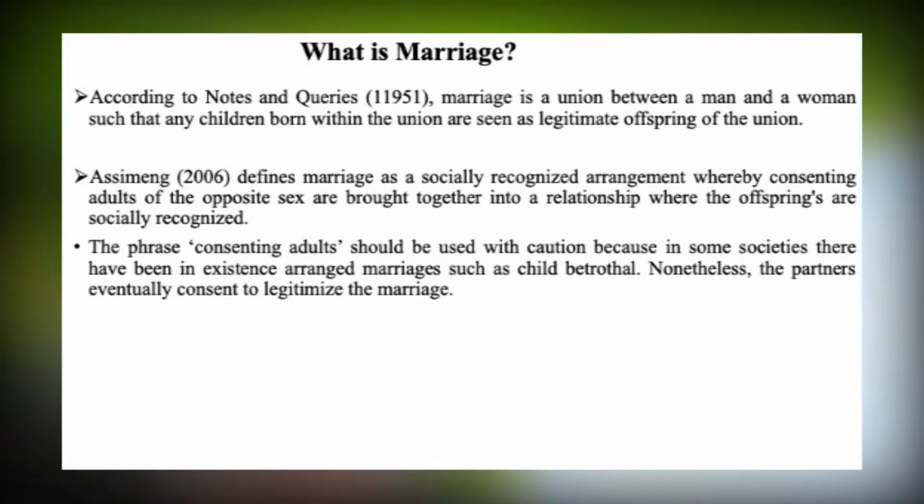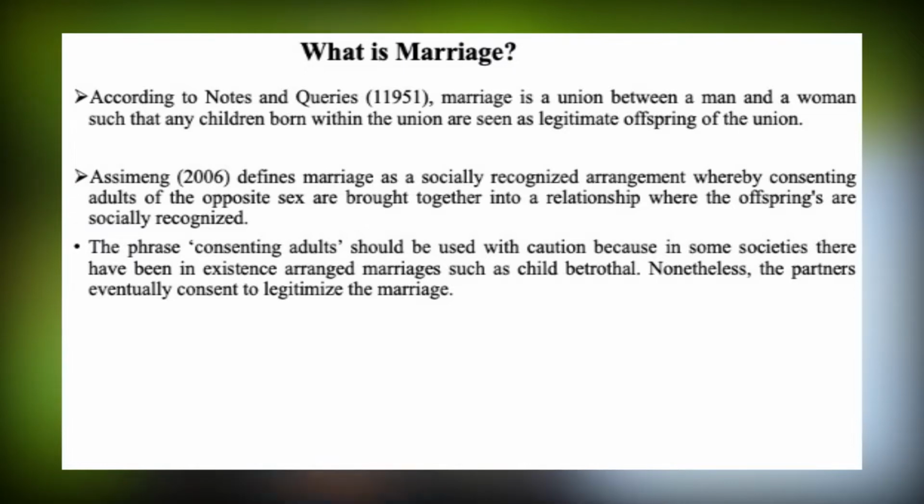According to Assuming, 2006, marriage is a socially recognized arrangement whereby consenting adults of the opposite sex are brought together into a relationship where the offspring are socially recognized.